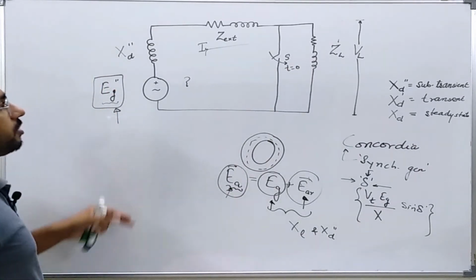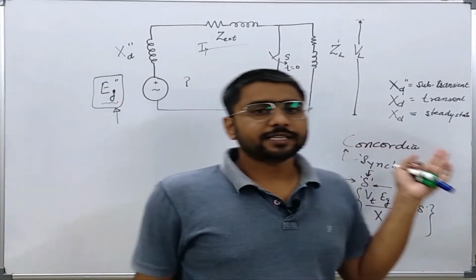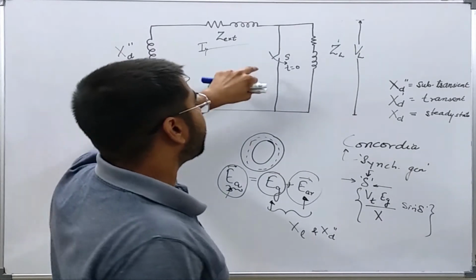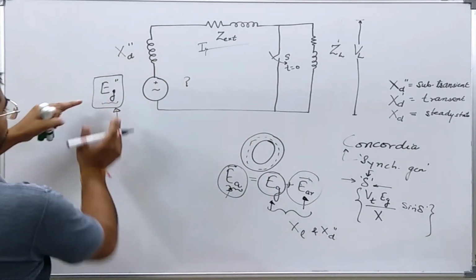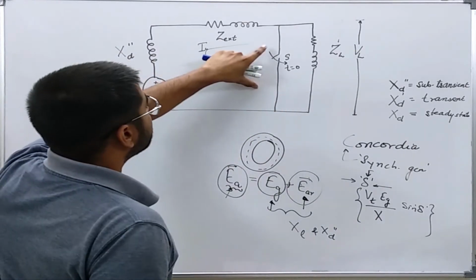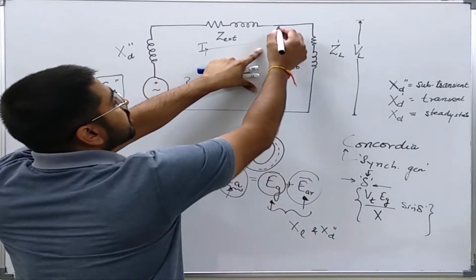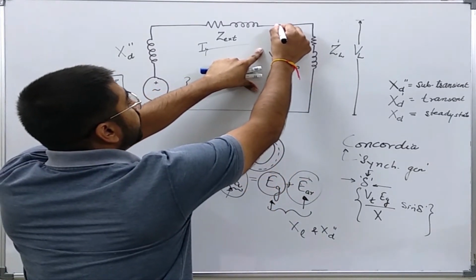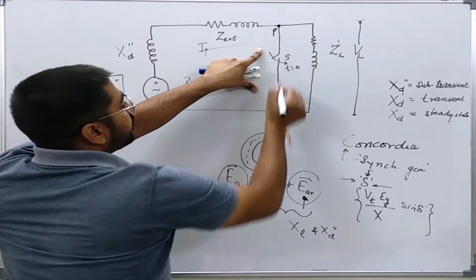Okay. Now the only thing remaining is to write the various equations of this network, and I can find this value. So let us say this is point P at the terminals of the load.